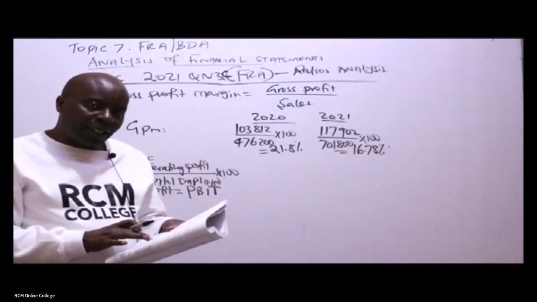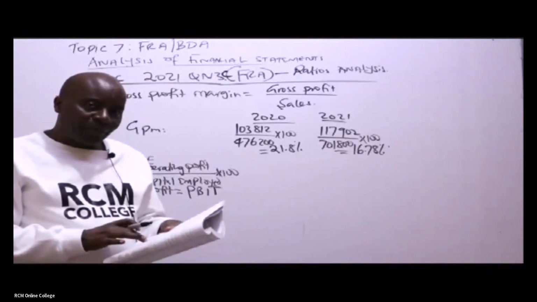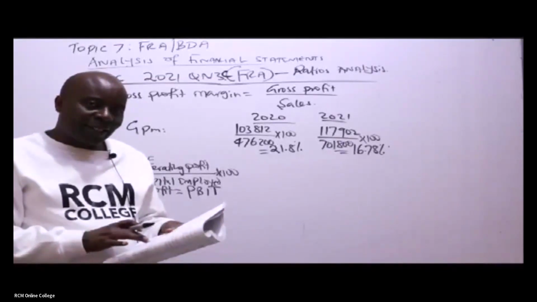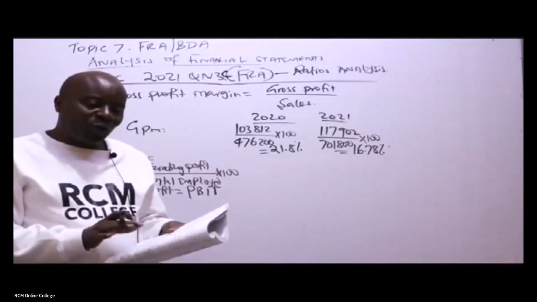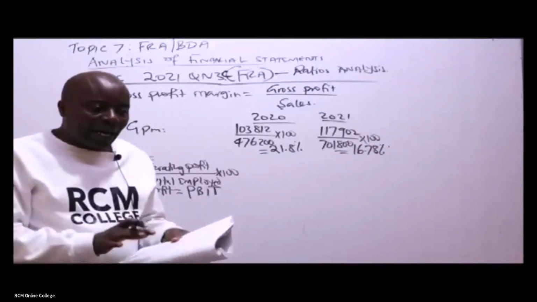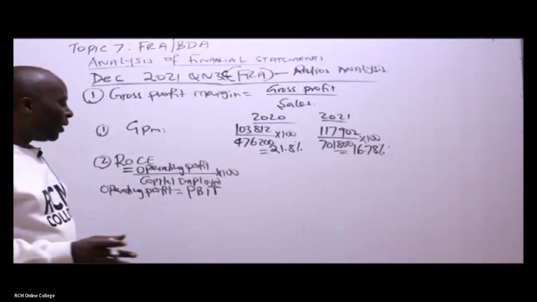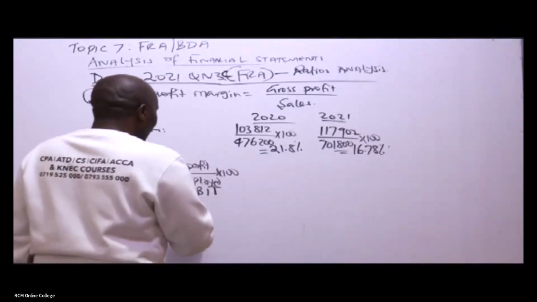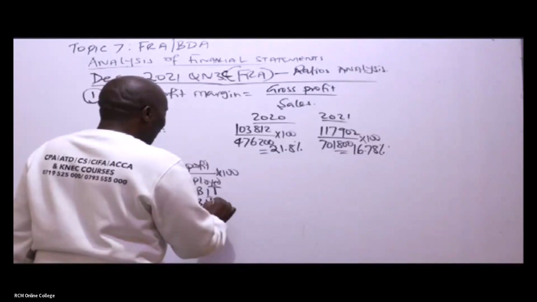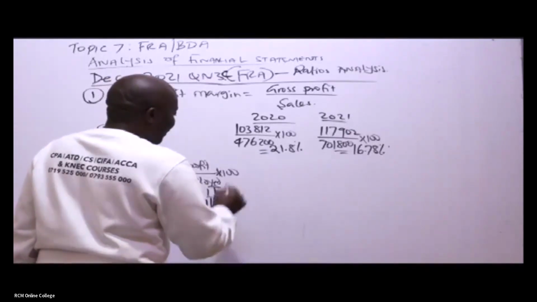To arrive at that, they subtracted the interest. Interest is the same as finance cost. So to undo that, we add back the interest charge. So in this question, this will be PBT plus interest.